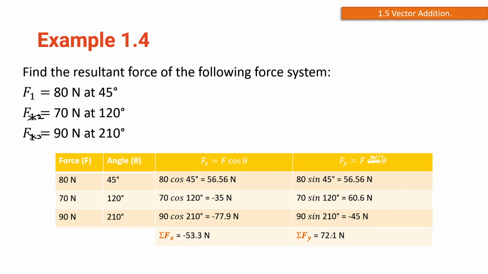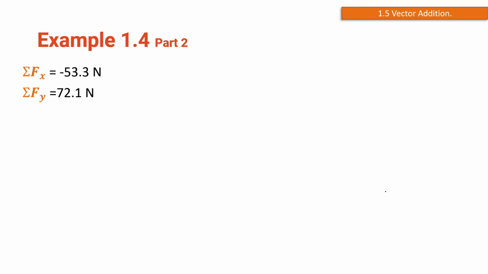So let's continue to the next thing. We have completed step number 1, calculating the components. Once again, the summatory of the x components of these forces is minus 53.3, and the summatory of the y components of the forces is positive 72.1.